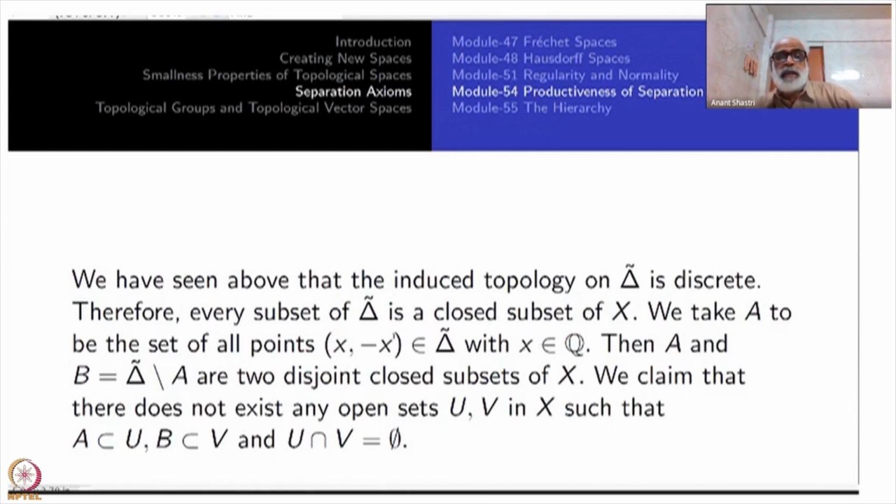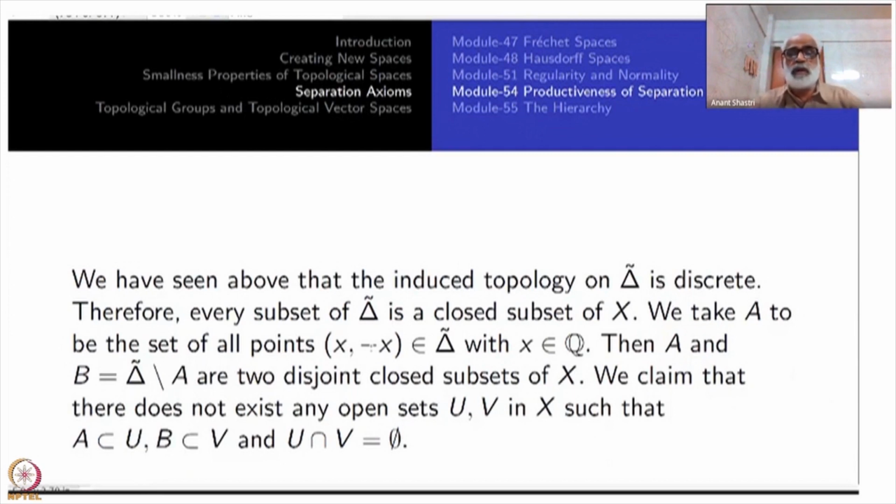We take A to be the set of all points (x, -x), with x being rational. Any subset is closed now. Similarly, you take B to be the complement of A, that will also be closed. It is closed because it is a discrete set, closed inside delta twiddle, and delta twiddle is closed in the whole space.